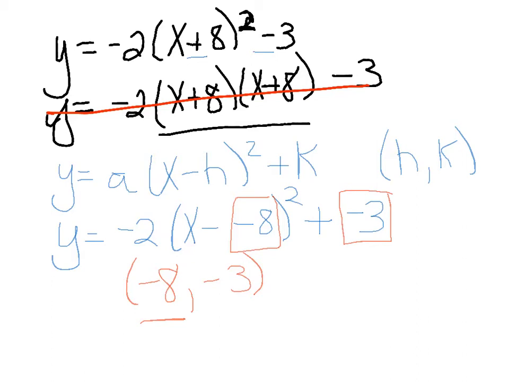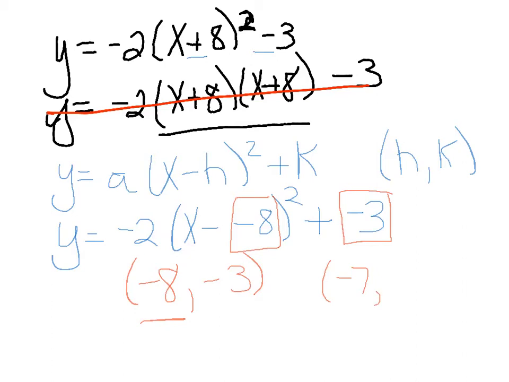Now, if I need to graph that, one of the easiest ways to graph that would be to go ahead and put a number in for x. That would be very easy. So let's stick a -8 in for x. Well, and it already is a -8, huh? So let's go ahead and pick another easy number, and let's put a negative 7 in for x.